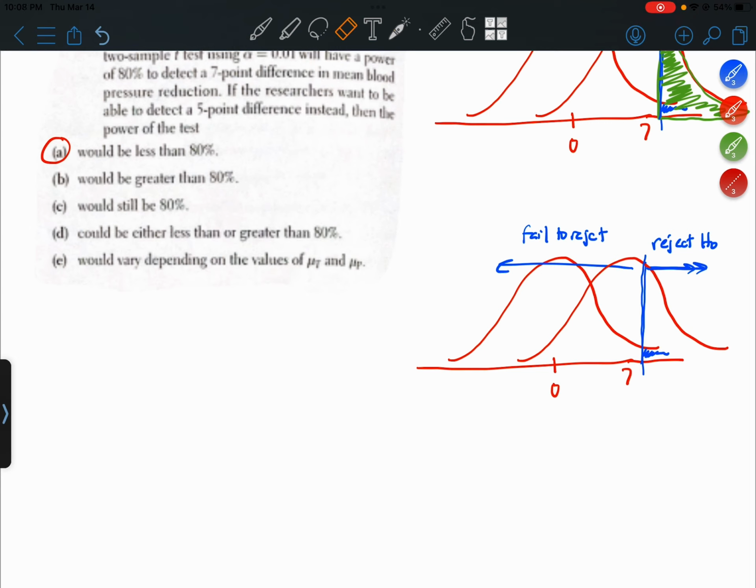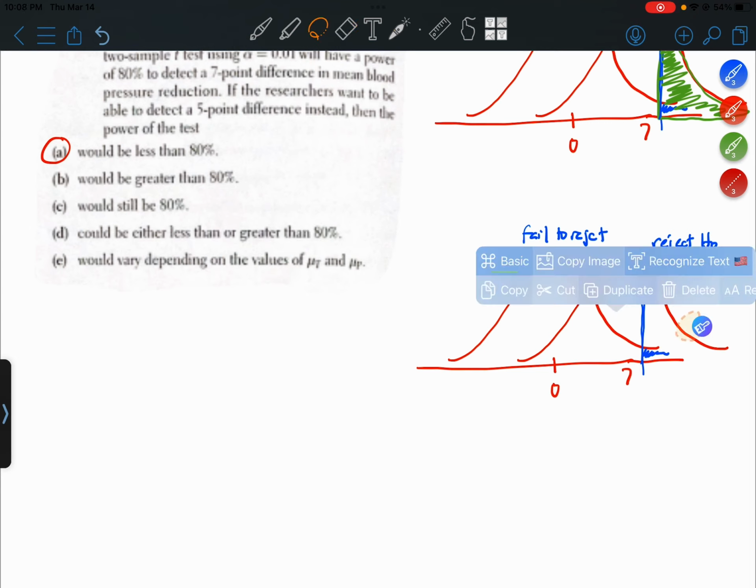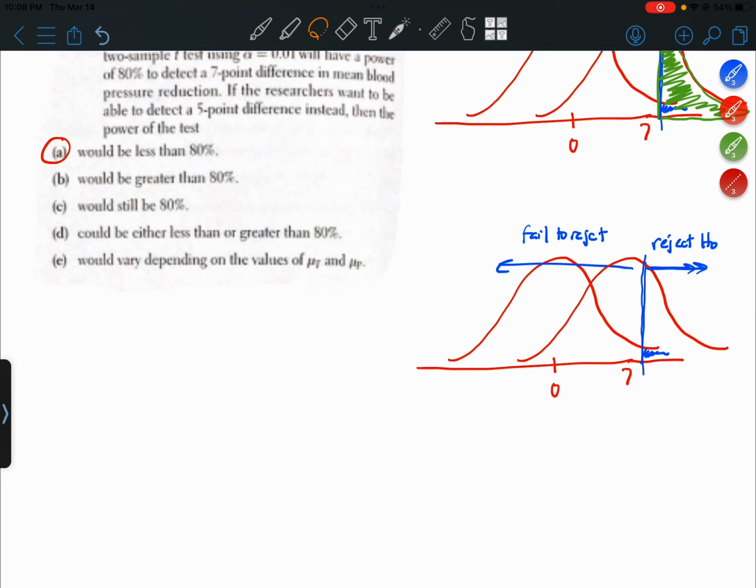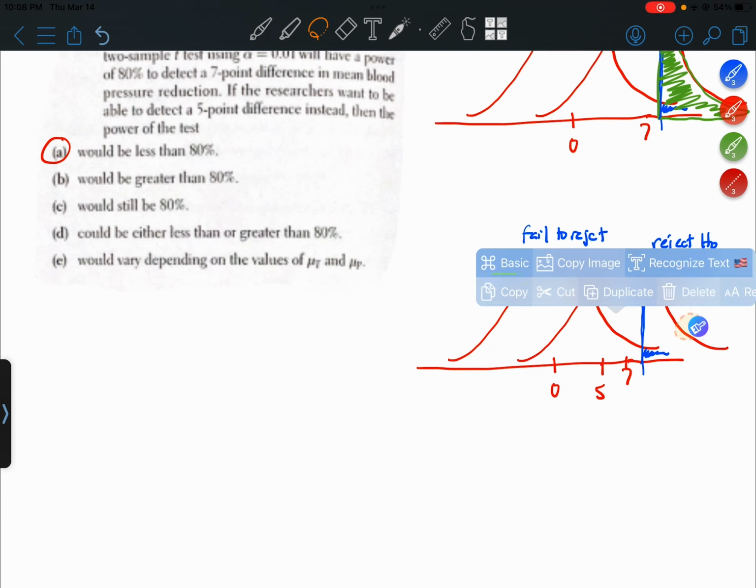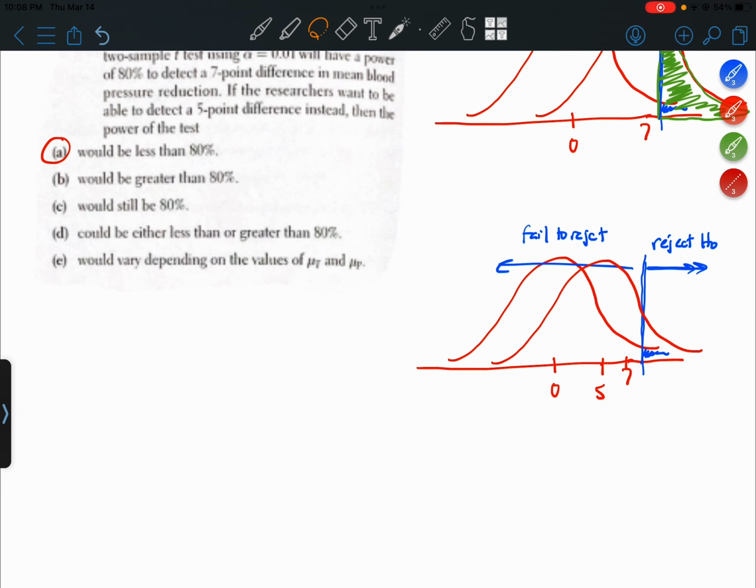that instead of looking for a 7-point difference, we're now only looking for a 5-point difference. So 5 would be over here and 7 is there. That means this distribution would shift over, so now it's centered at 5.